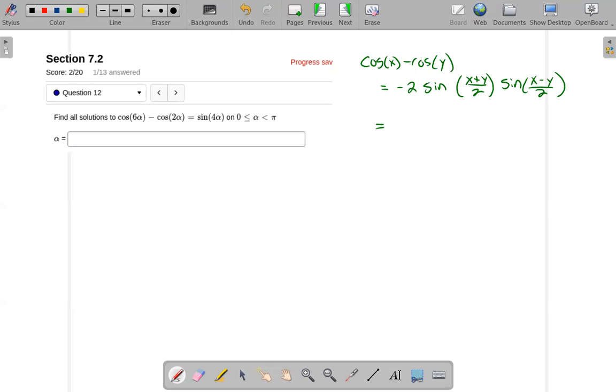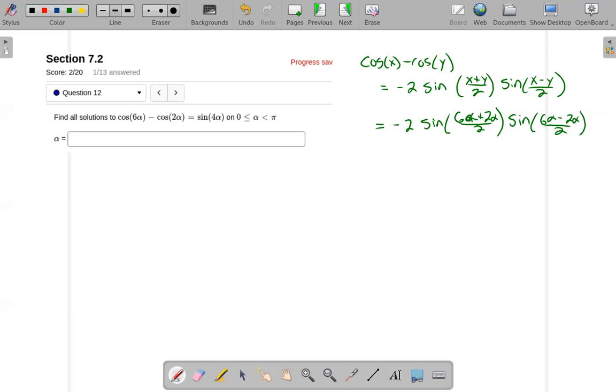So then I'm going to get -2 sine of 6 alpha plus 2 alpha over 2 times the sine of 6 alpha minus 2 alpha over 2.